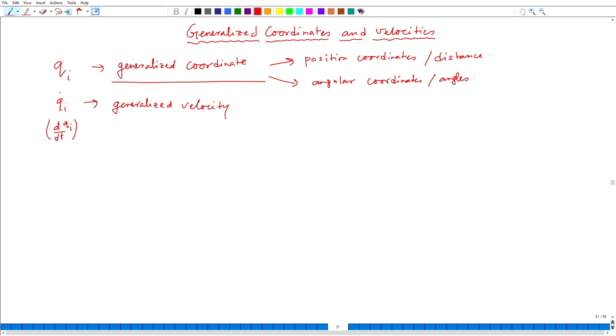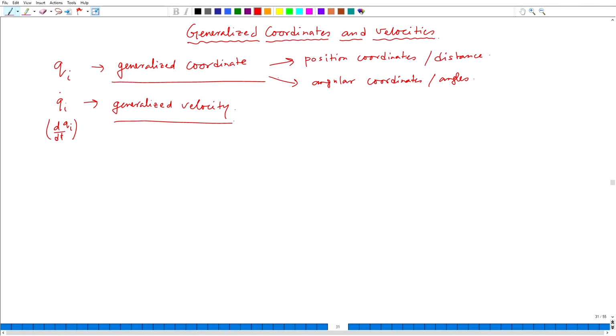Unless you come across a very strange system, they consist of normal coordinates signifying some distance or position, and also the angle subtended by the position vector of the particle with respect to some specified direction.